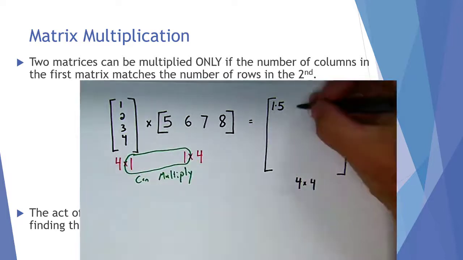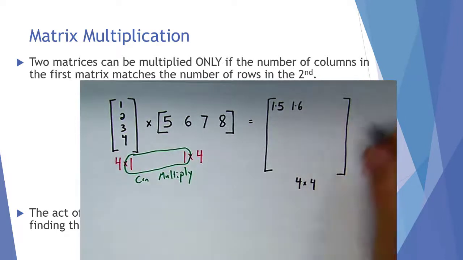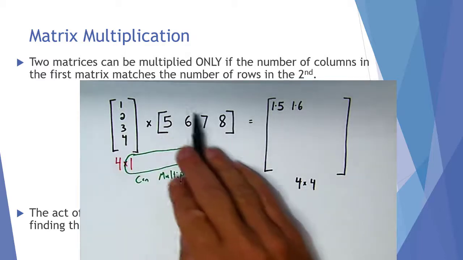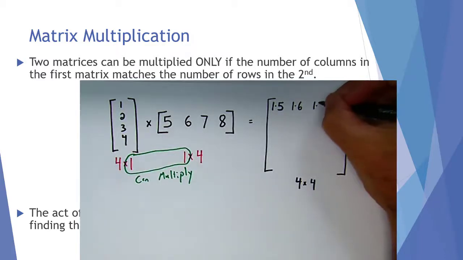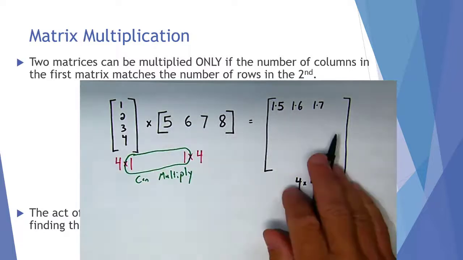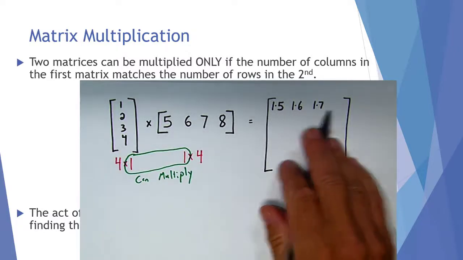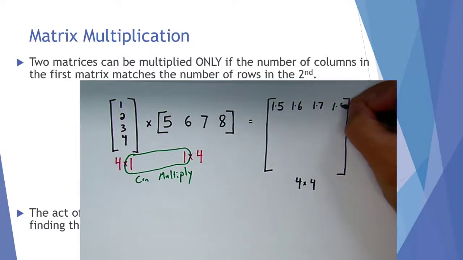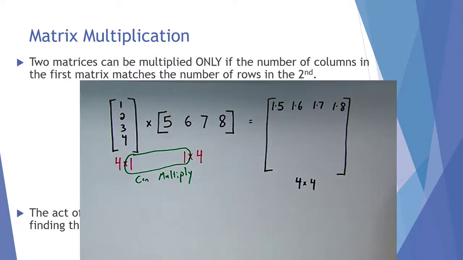That's going to be 1 by 6. Our first row, third column is the first row times the third column. That's 1 by 7. And our last column in the first row will be our first row times our last column. That's going to be 1 by 8. And pretty soon here, you're going to start to see the pattern.